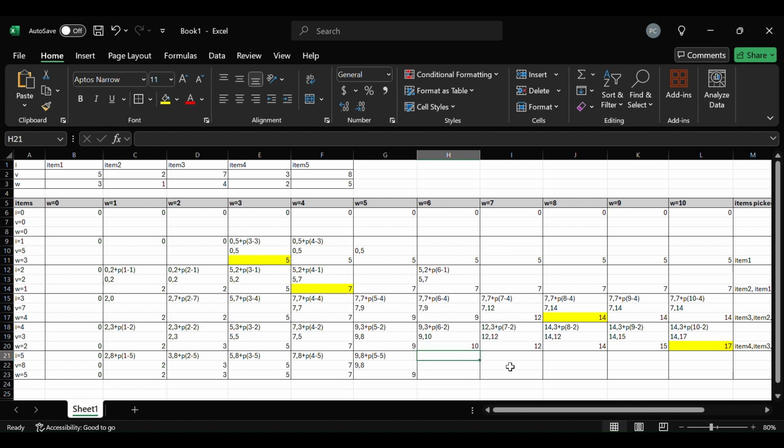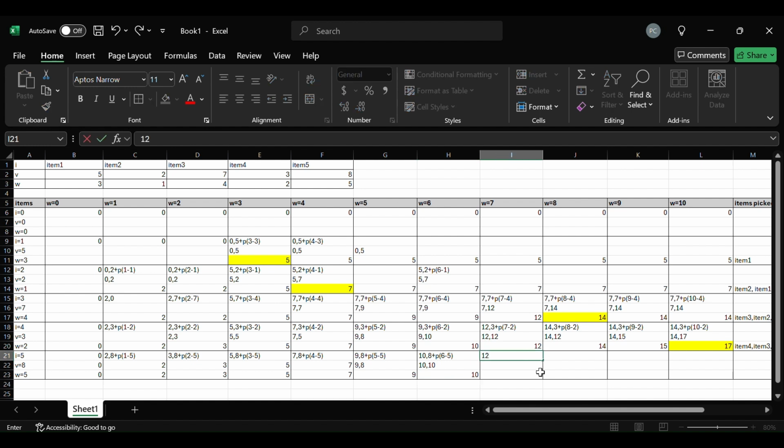Next, did not pick up 8 plus P of 1. So that's go up, go to 1. 8 plus 2 is 10. Right, so both we have 10. So our maximum will just remain as 10.